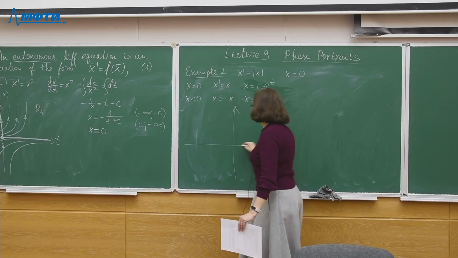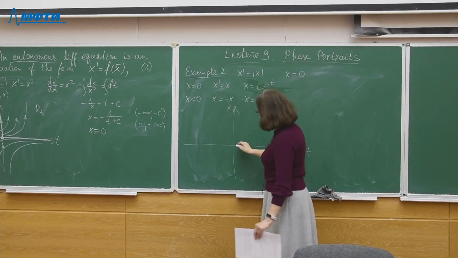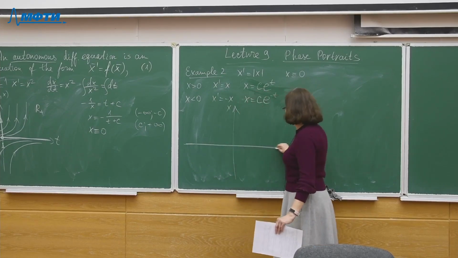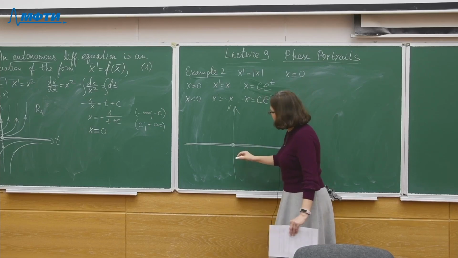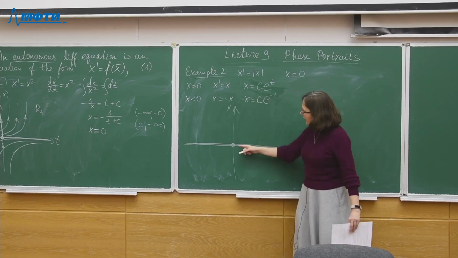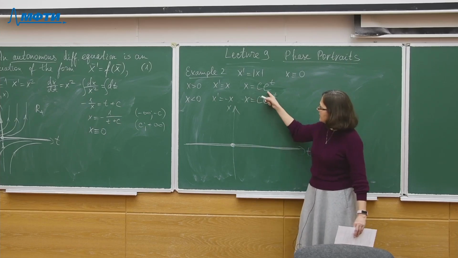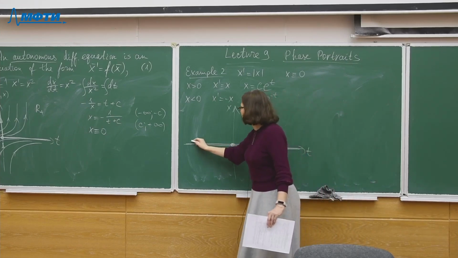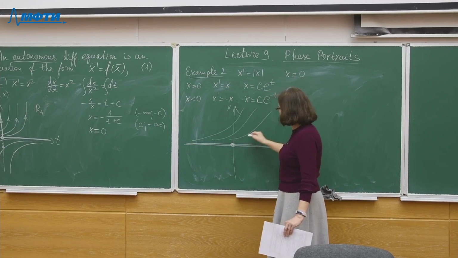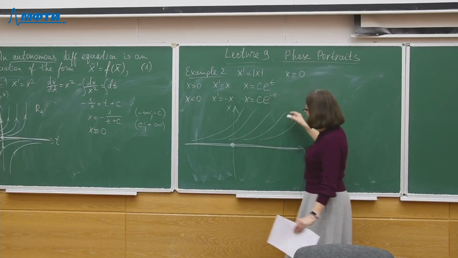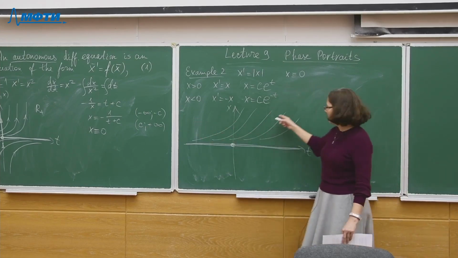Then the integral curves are the following. So this is t, this is x. We have the constant function, and it is projected into the origin. And c times e to t will give us these trajectories, not with vertical asymptotes as before.